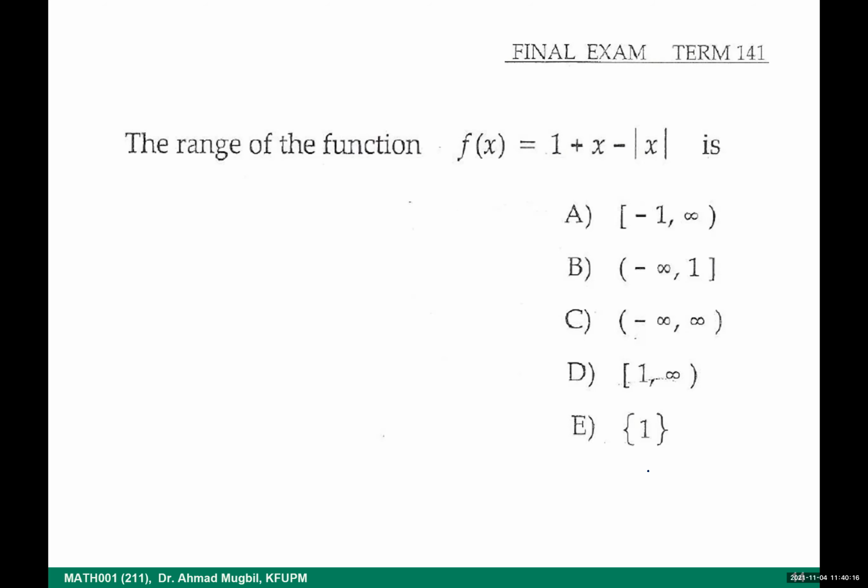Good. All of you are working on the same idea. I found, but sketch the graph. No. This is why I said don't sketch the graph if you are not sure about it.